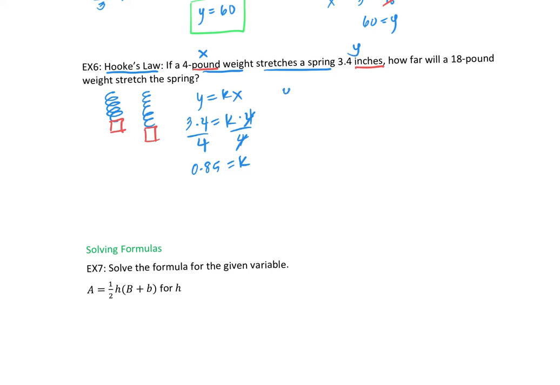And I'm going to put that in my calculator to get 0.85. And now I have y equal to 0.85 times x. I can answer the question. If x is 18, that's the weight, what is y? So I'm just going to multiply by 18.